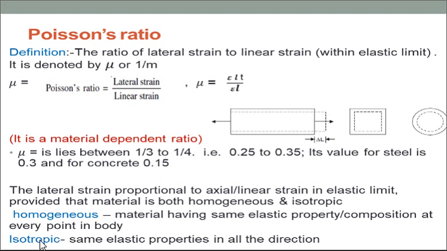So this homogeneous and isotropic property is one of the requirements for the material. Only then can we find the Poisson's ratio, and only then can we say that lateral strain is proportional to linear strain. In the elastic limit it is mandatory that the material is homogeneous and isotropic in nature.